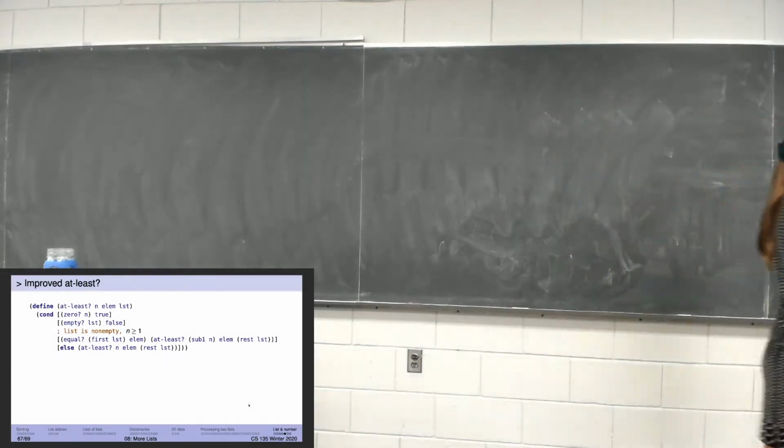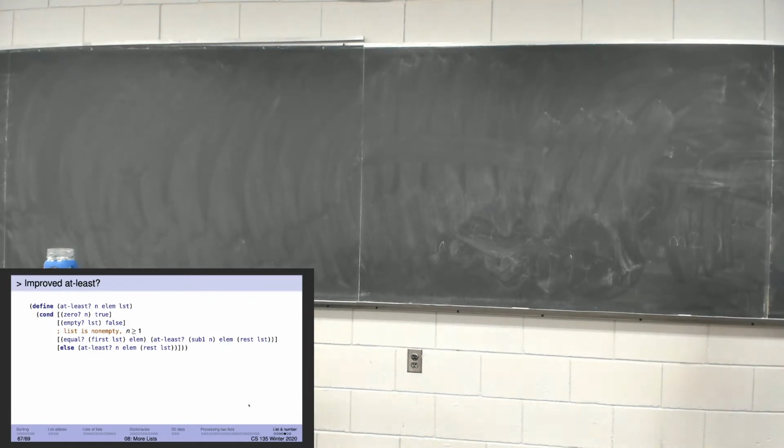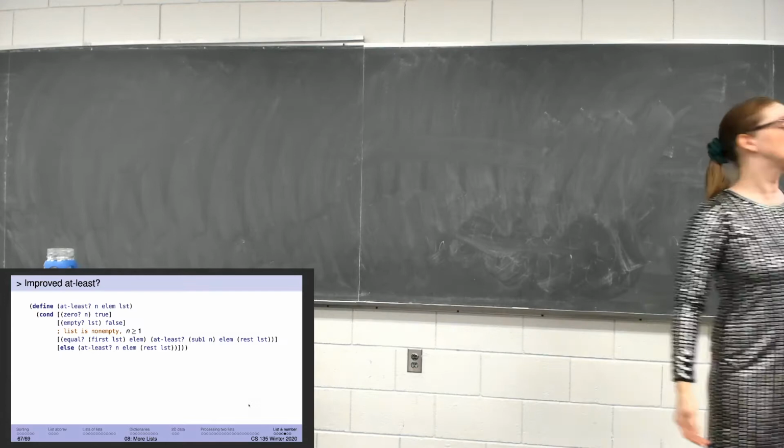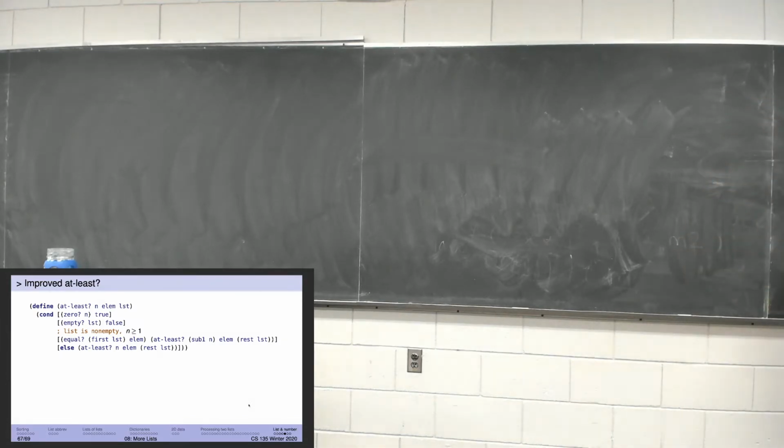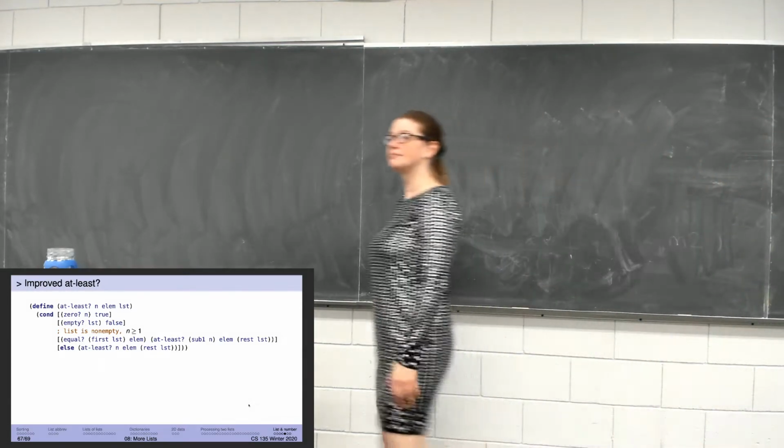Which means we have more things to find. So if the list is empty, since we know n is not 0 because we've handled the 0 case already, we know that the item isn't in the list, so we can use that. Otherwise, there's us comparing for equality, and then recursing on both n and the rest of the list. And if they're not equal, then we just recurse on the rest. It's pretty cool, right?